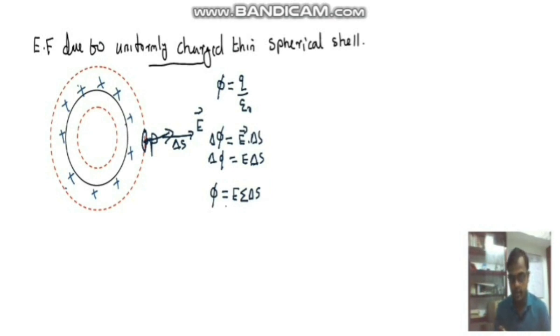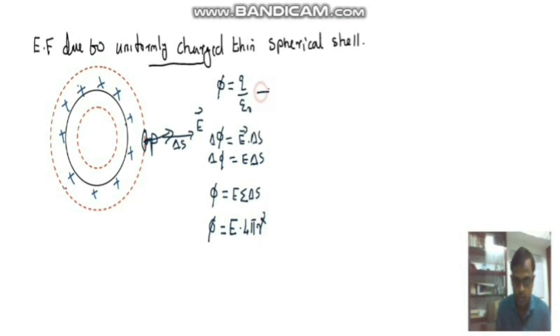So small areas add up, and what is the total area now? A spherical shape, so the total area becomes 4 pi r square. So phi is equal to E into 4 pi r square.